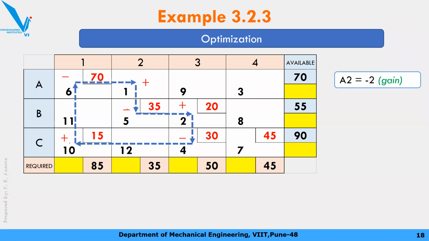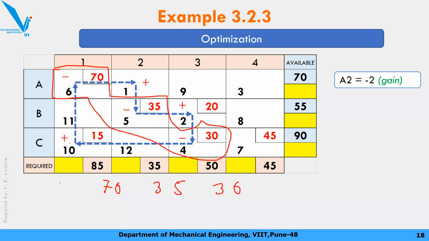Now how do we reduce the cost or optimize the solution? Concentrate on the cells with negative sign. These are the cells with negative sign, right? How many allocations are there? There is 70, 35 and 30. All are having a negative sign.